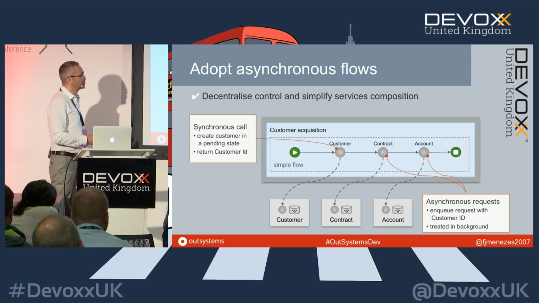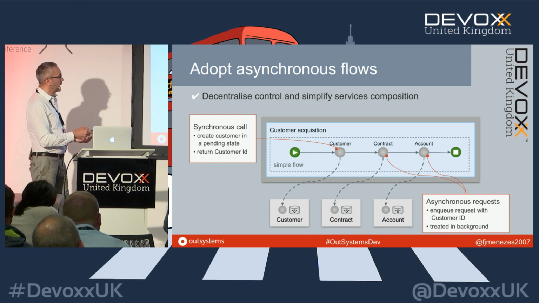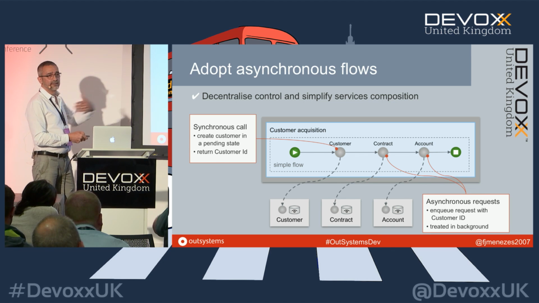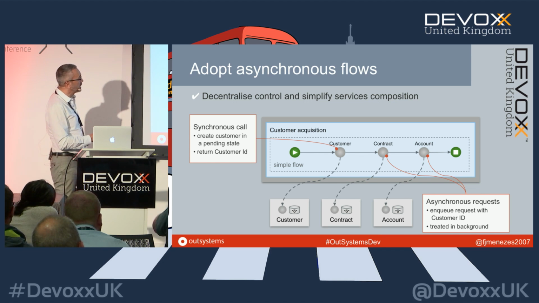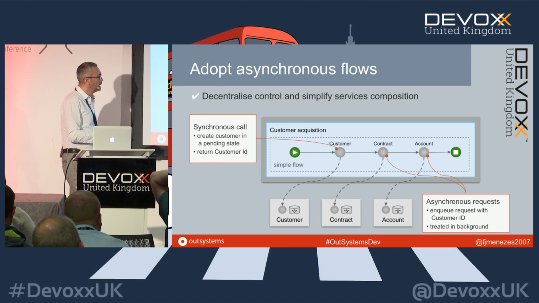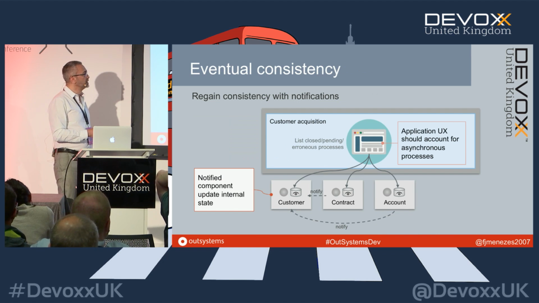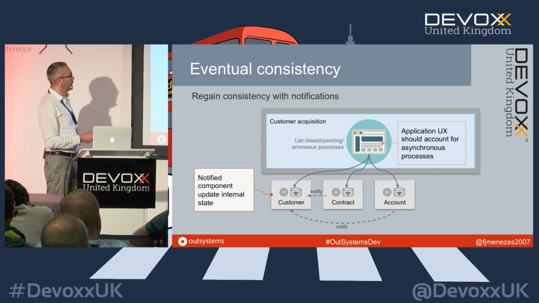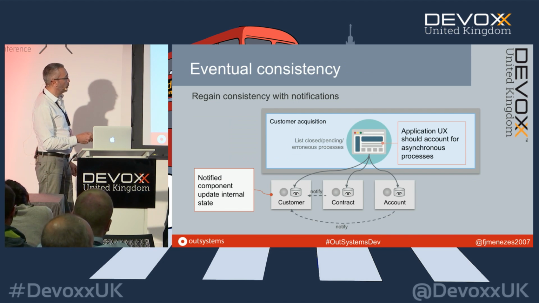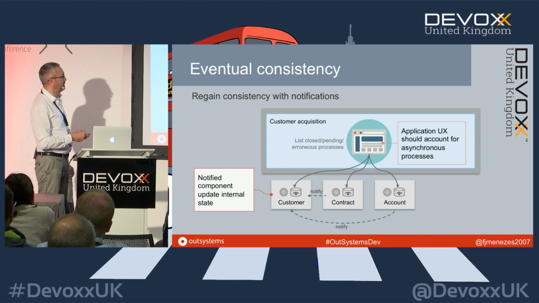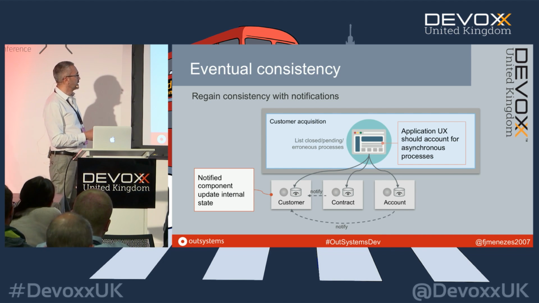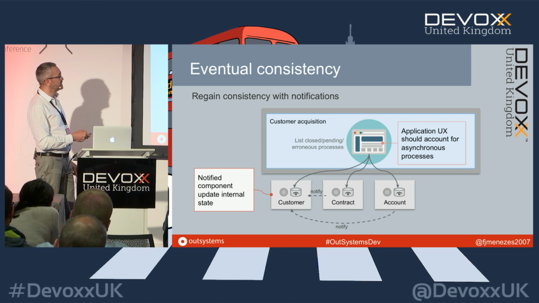Those services will support some kind of queue, and so this doesn't fail. I just enqueued my request, and these are treated in the background. To regain consistency, you can use notifications. Once the account is finished, it can notify, let's say, the customer, and the customer can react and update its internal state.